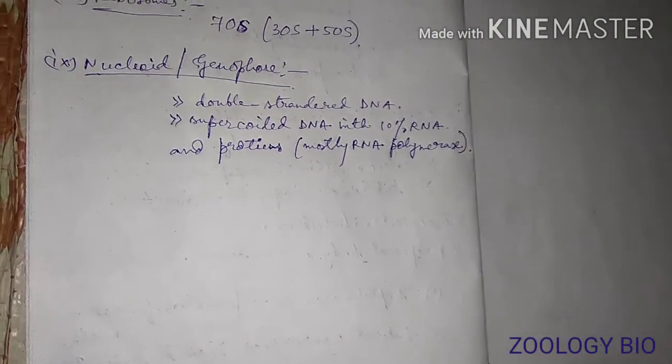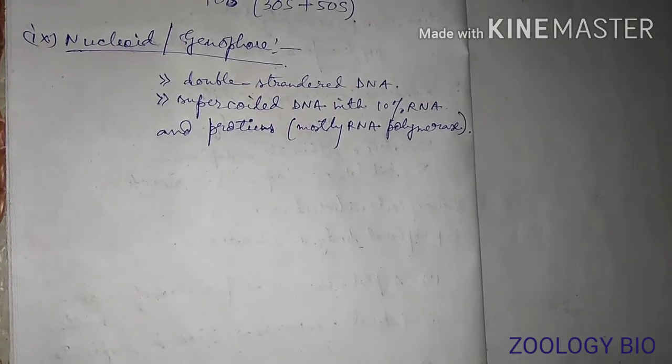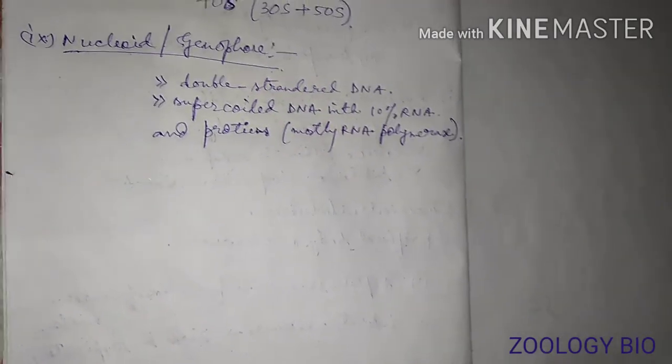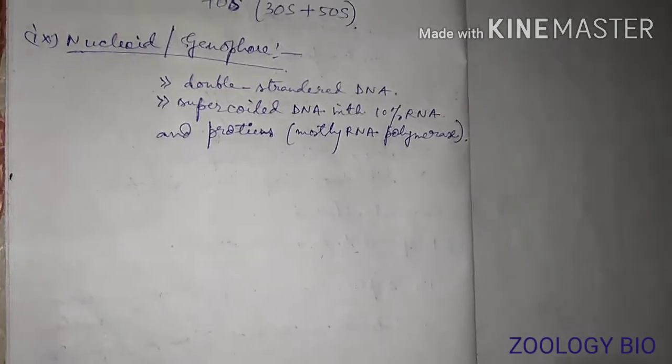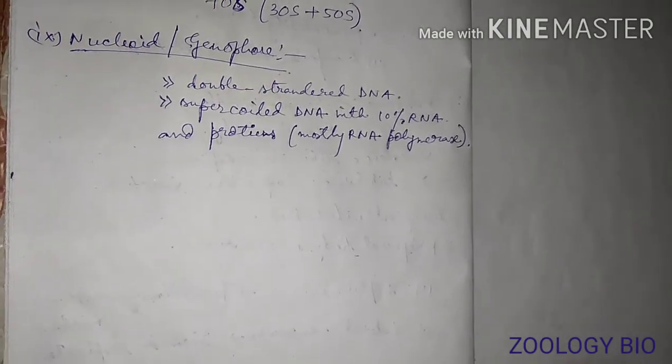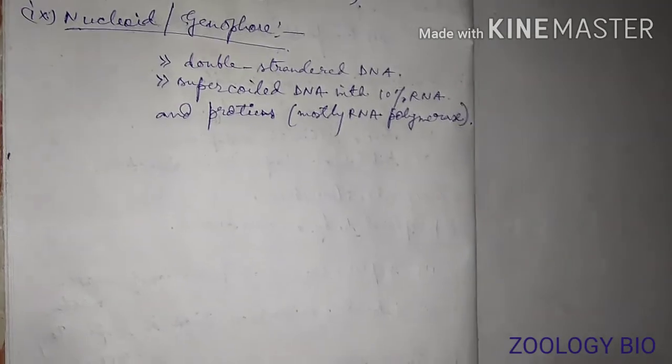So it shows double-stranded DNA forming a circular chromosome which is devoid of histone protein. But several basic proteins have also been detected along with the mass of chromosomes.